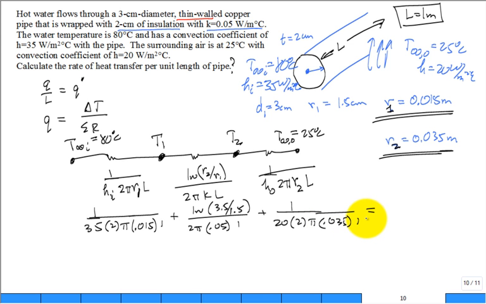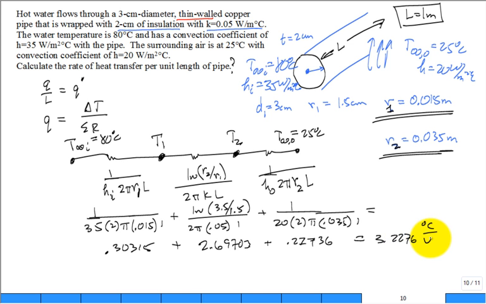But before I do that, I'd like to make the intermediate calculation. This is 0.30315. This is 2.69703. This is 0.22736. When you add them up, that's 3.2276. This would be degrees C per watt.